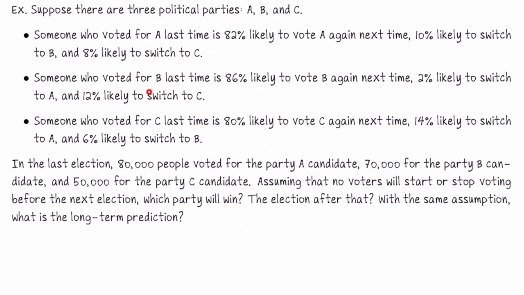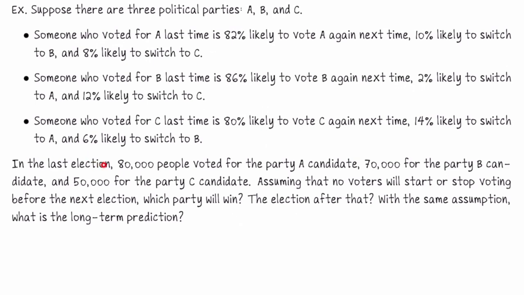Someone who voted for B last time is 86% likely to stay with B, 2% likely to switch to A, and 12% likely to switch to C. If you voted for C last time, then you're 80% likely to stay with C, 14% likely to switch to A, and 6% likely to switch to B.